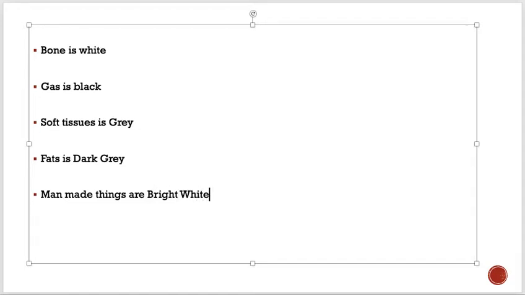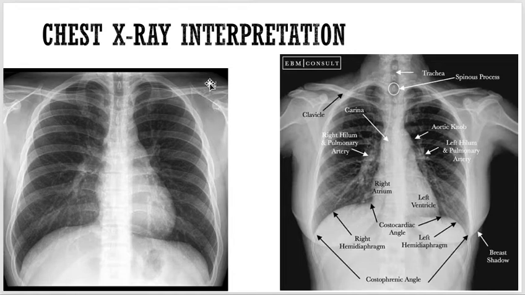Okay, so you can see over here L. What they do when they take an X-ray is put a metal piece just to show this is the left side and this is the right side. See, this one appears very bright white.